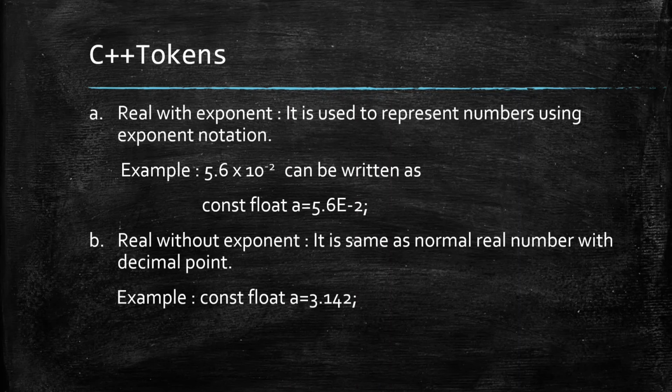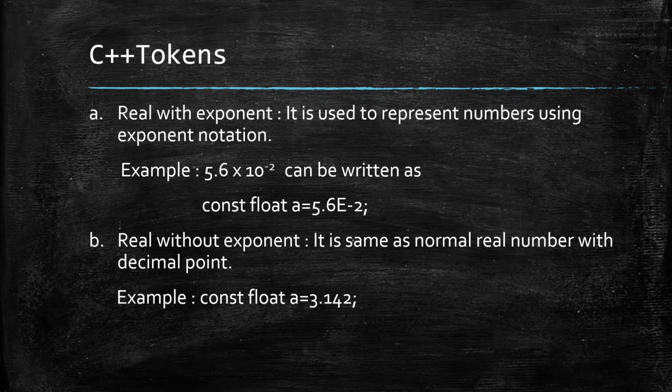You don't have any superscript or subscript in the C++ compiler, so it is written as const float a = 5.6e-2. Here e stands for exponent, and minus 2 says 10 is raised to the power of minus 2.